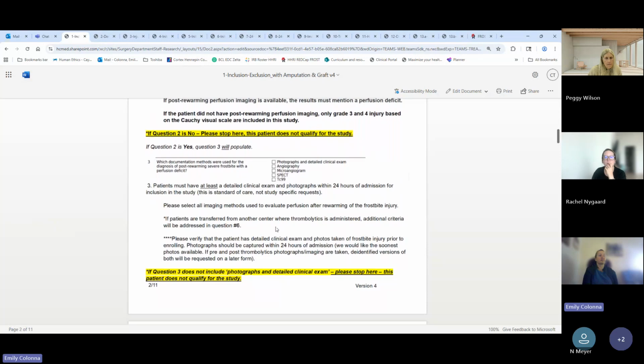So with the photographs, verify that the patient has detailed clinical exam and photos taken of the frostbite injury, and the photos should be captured within 24 hours of admission. If pre and post thrombolytic photographs are taken, de-identified versions of both will be requested in a later form.